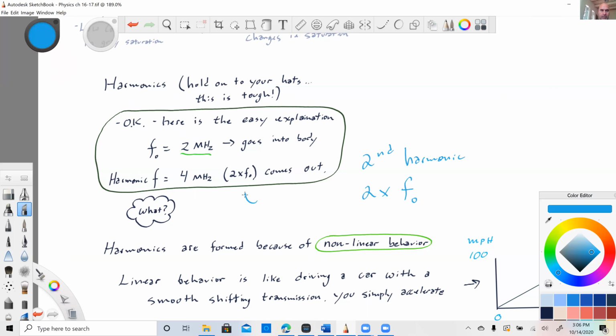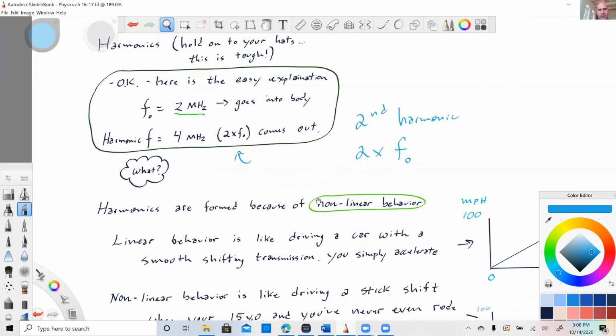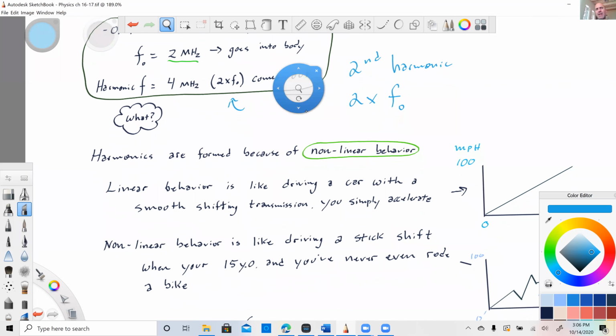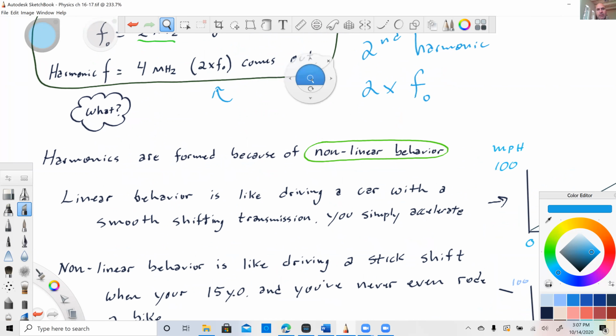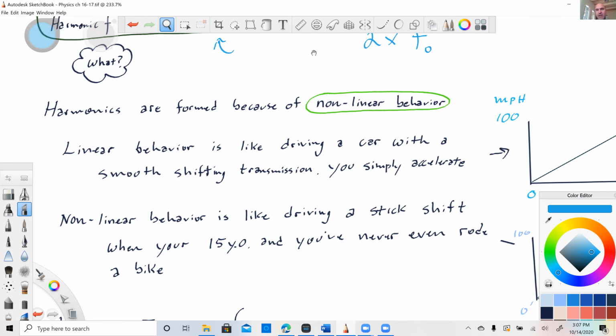That's the only one that is actually used, because if you went 4 times the original frequency, you'd be using a frequency that is unrealistically high and it just attenuates too quickly.